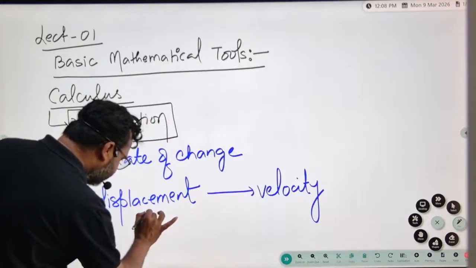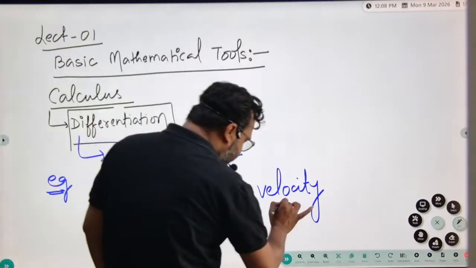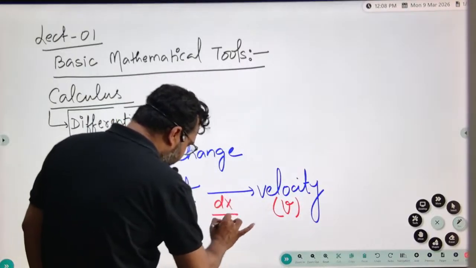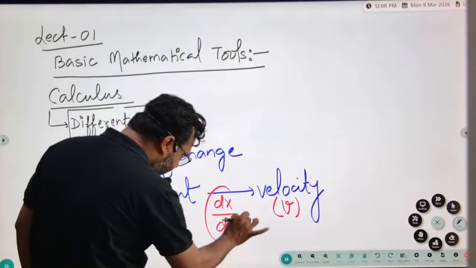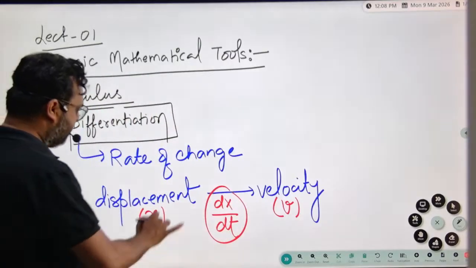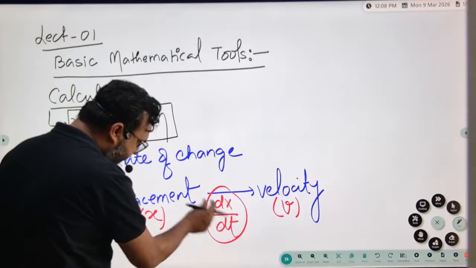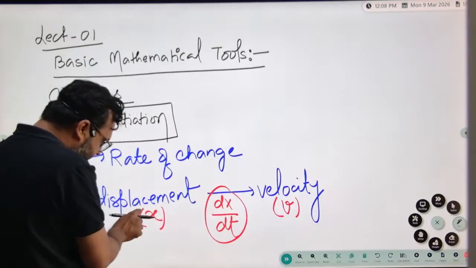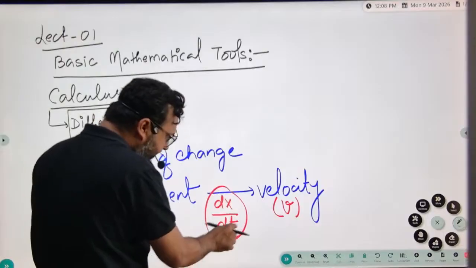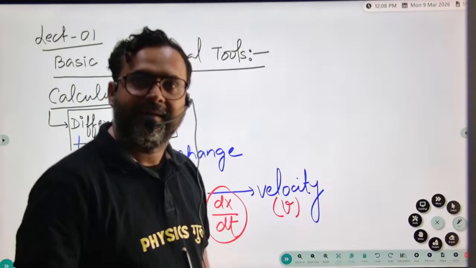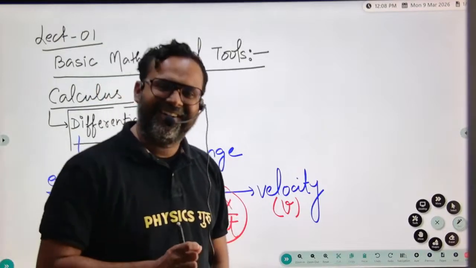Displacement is given by letter x, velocity by letter v. So the derivative means dx over dt. This is the symbol for differentiation, d by dt. When you differentiate displacement with respect to time, it will give you velocity. Clear?